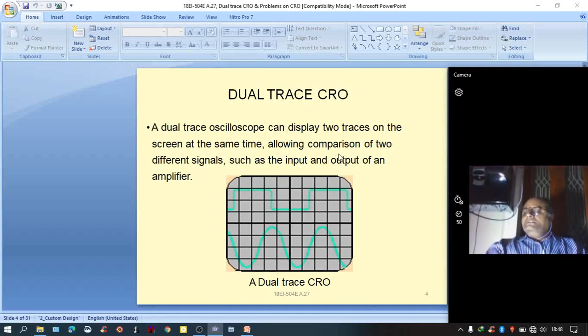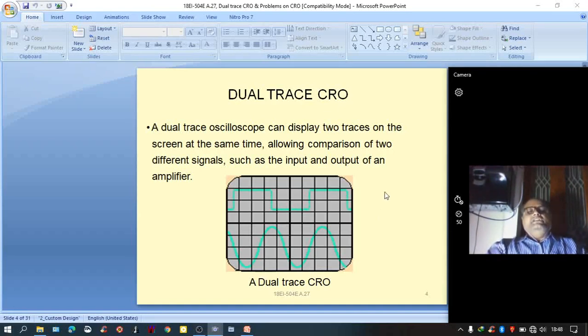comparison of different signals such as the input and output of an amplifier. Suppose there is an amplifier. What we expect from an amplifier is a faithful reproduction or faithful amplification.